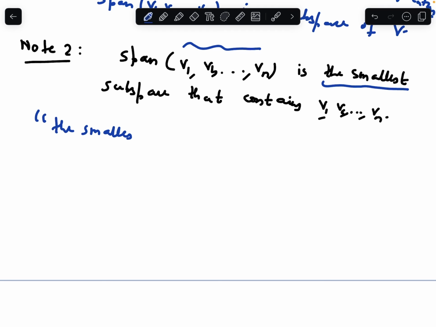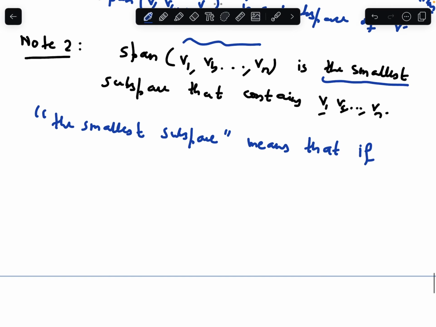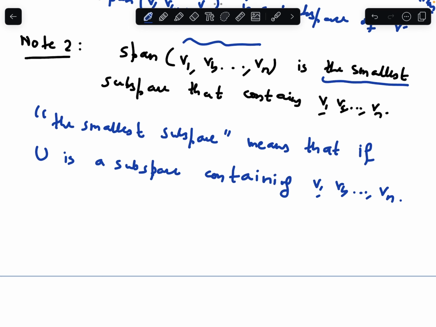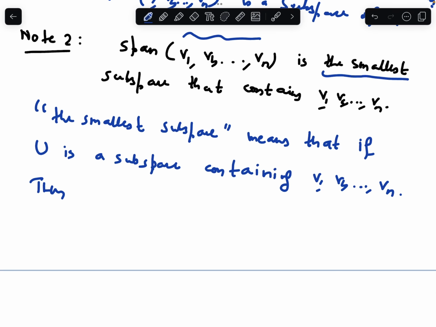The smallest subspace means that if U is a subspace that contains these V1, V2, V3, Vn, then span is contained inside U. Span of V1 to Vn is contained in U. This is the meaning of this.